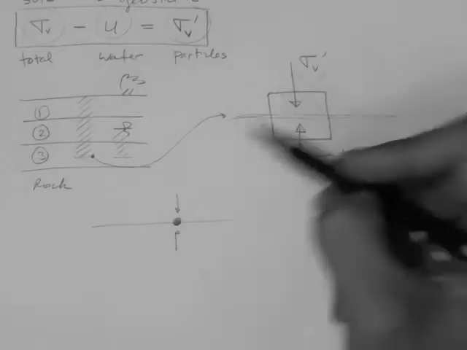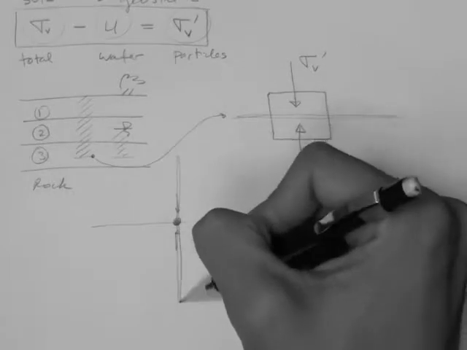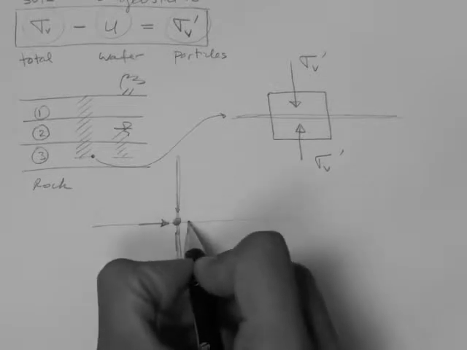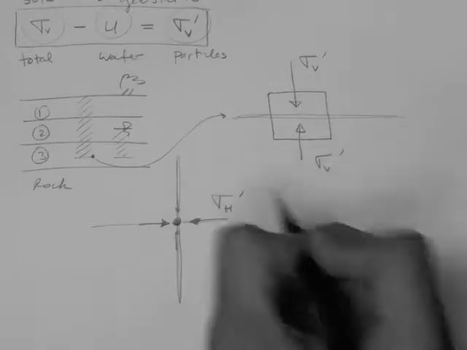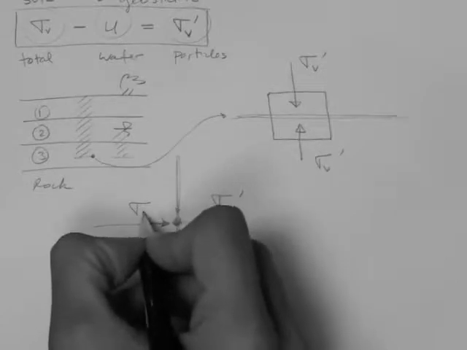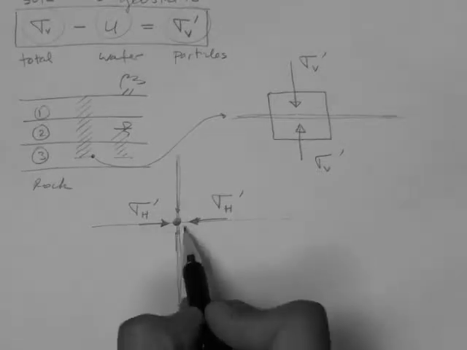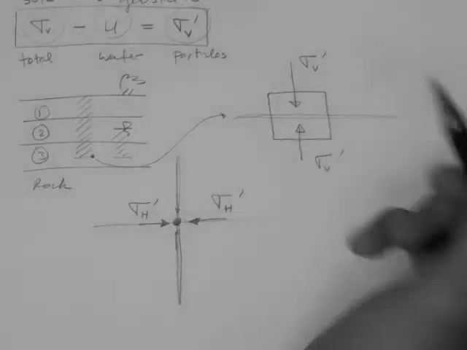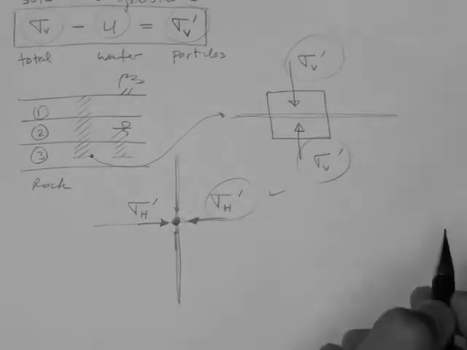But there's also a vertical plane, this one, and the vertical plane has the horizontal stress acting on it. So we put an H, and because we are talking about vertical effective stresses, for the sake of consistency, we should have the horizontal effective stress here acting on the vertical plane. So the question is, knowing how to calculate these three already, how can we calculate that one?